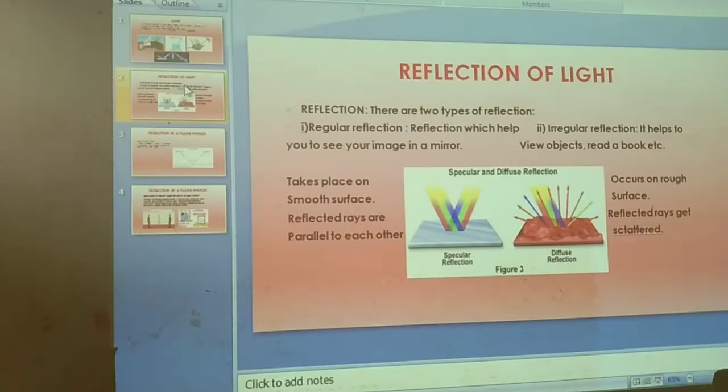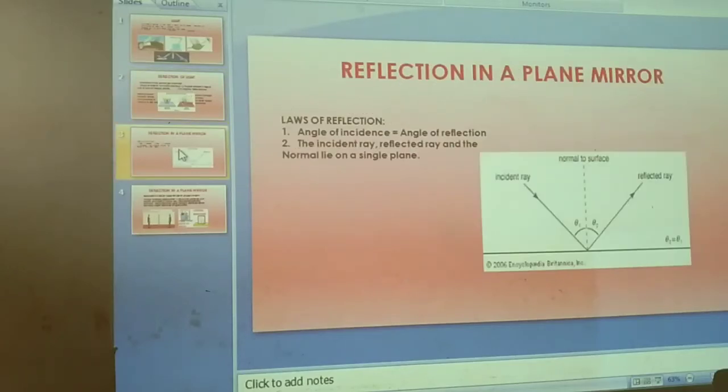Then let us recall the laws of reflection. Whenever light falls on a mirror or a surface, there will be an incident ray and a reflected ray. The incident ray is the ray which is touching the surface. The point at which it touches is the point of incidence. From the point of incidence you get the reflected ray.